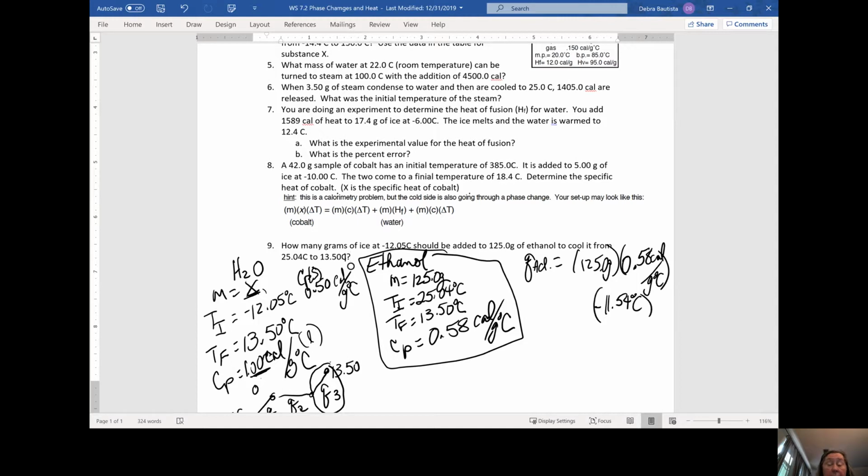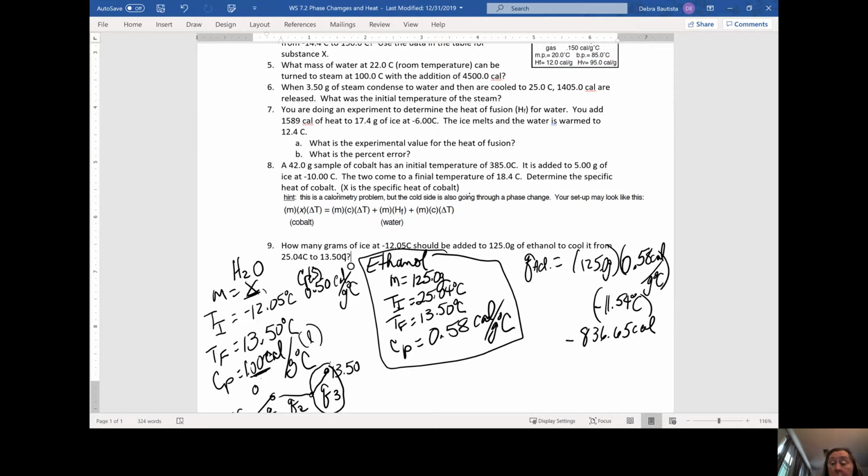So if I multiply those all together, I get negative 836.65 calories. That's how many calories I need to put in from the ice to the alcohol.